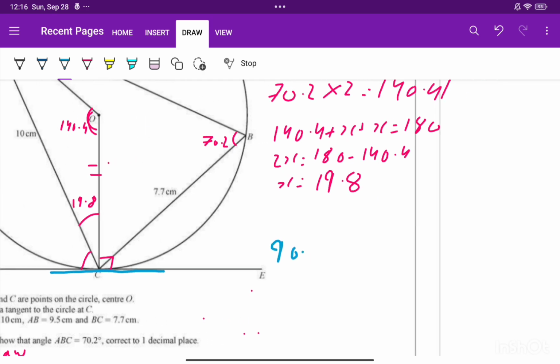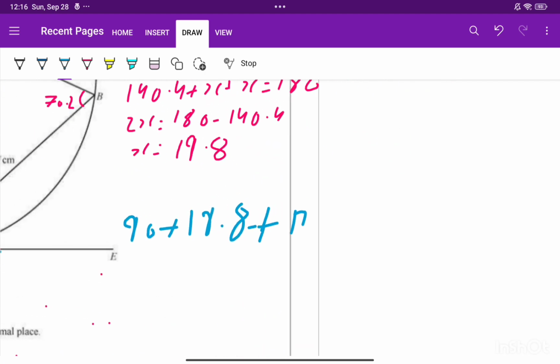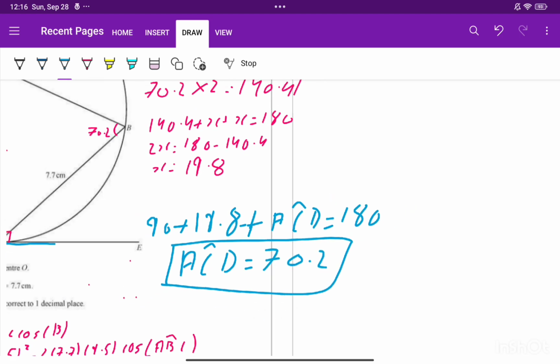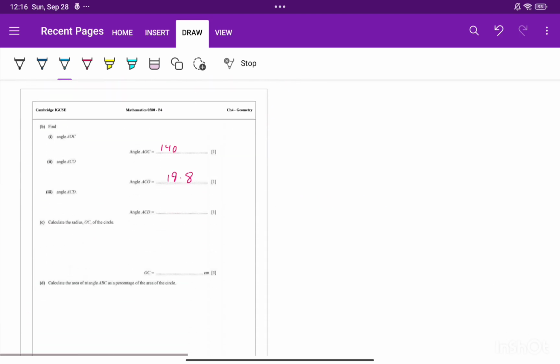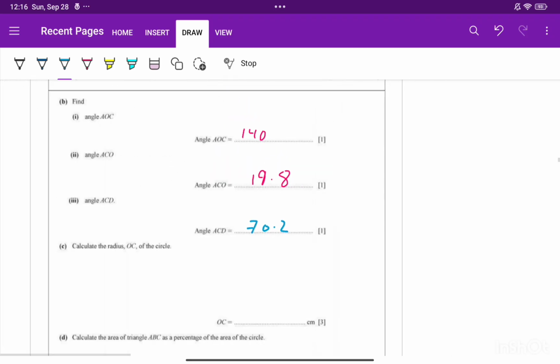So 90 plus 19.8 plus ACD will be equal to 180. So angle ACD will be equal to, let's do this in the calculator, 70.2. This is our answer, 70.2.